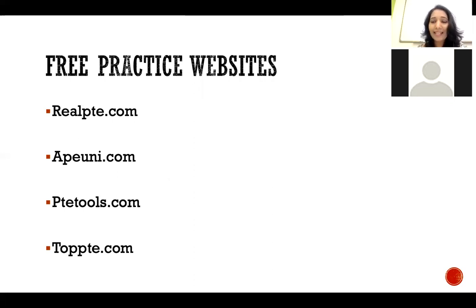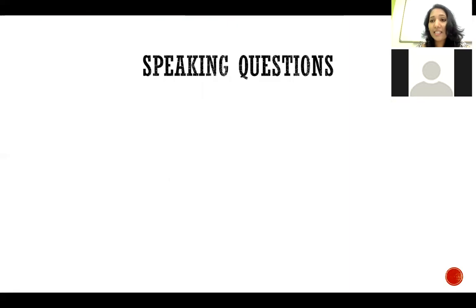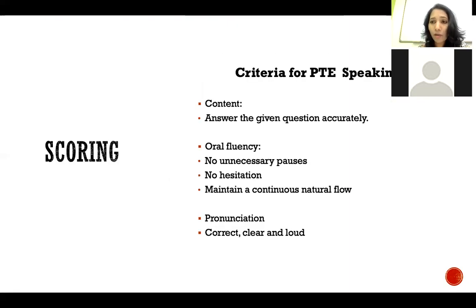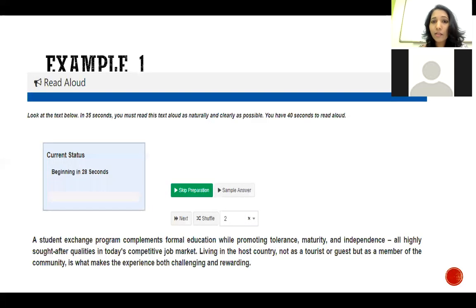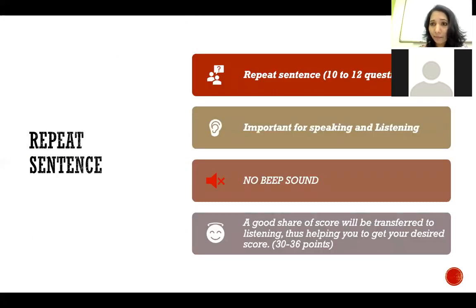So PTE has something called transferable scores, which I've explained thoroughly in our previous lessons. When you're looking at PTE, speaking transfers a lot of points towards reading as well as towards listening. The second question type in your PTE speaking is called repeat sentences.